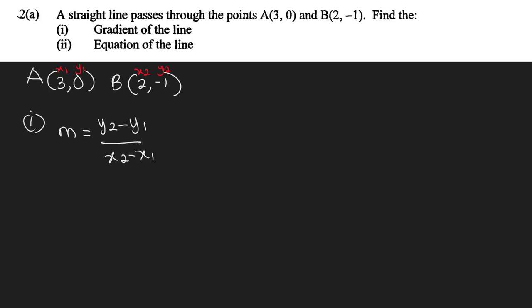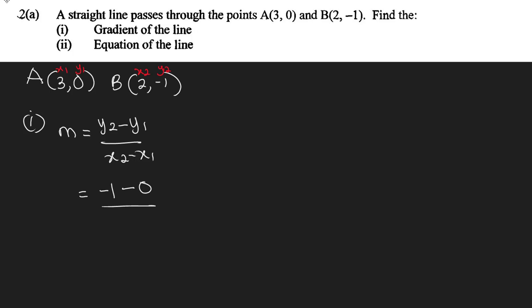Wherever we see our y2, x1, all those alphabets, we're going to put our values. So it's equals to, what is our y2? Our y2 is -1, right? So we're going to say -1. Then we have minus, and y1 is 0, so which is 0. Then over x2, which is 2.